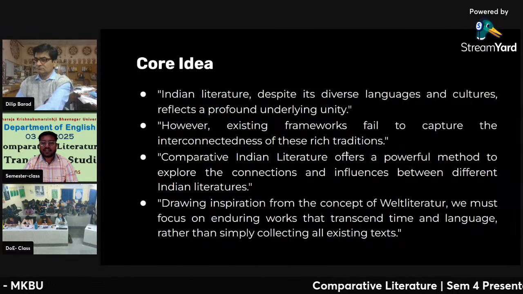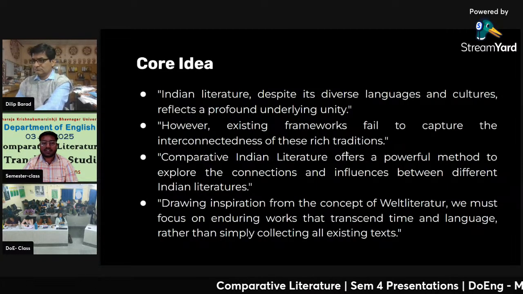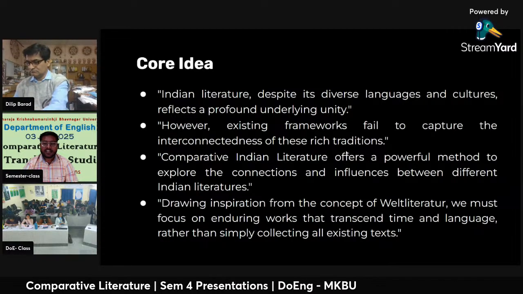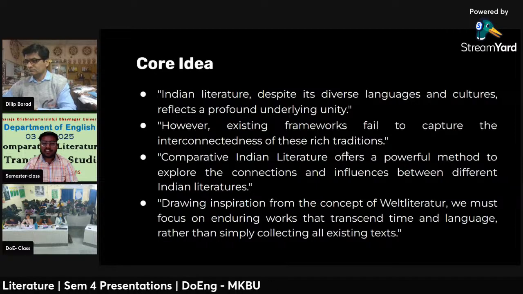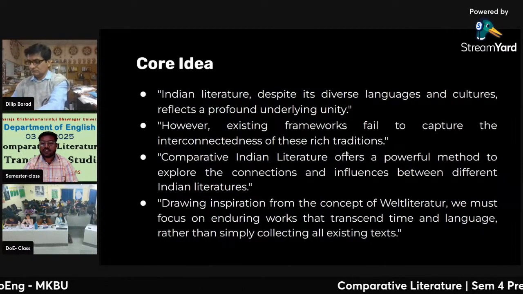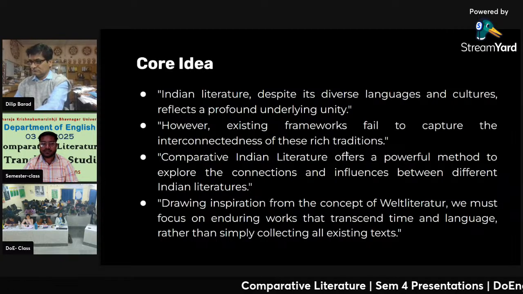However, existing frameworks fail to capture the interconnectedness of these rich traditions. Then comparative Indian literature offers a powerful method to explore the connections and influences between different Indian literatures.